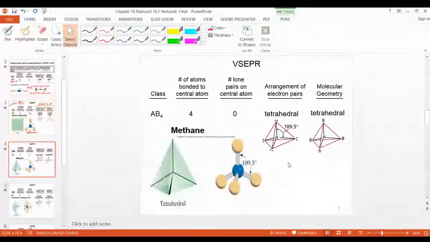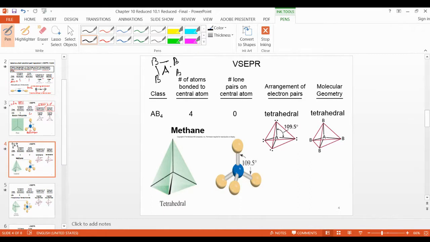AB4 type. Simply you will write here A in the center and B, B, B, B. AB4 type, and this A doesn't have any lone pair of electrons. An example is methane.